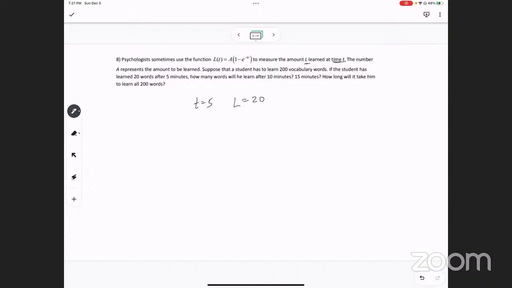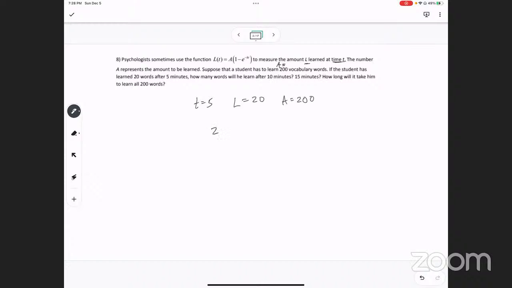The number A represents the amount to be learned. Okay, so I guess A is 200. Okay, so maybe they have given us enough information.